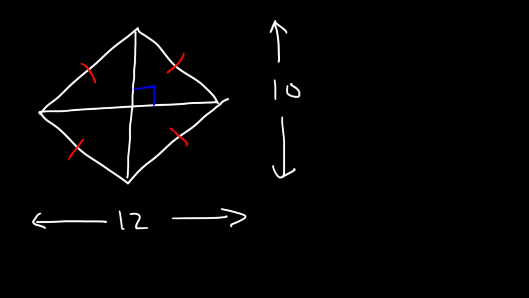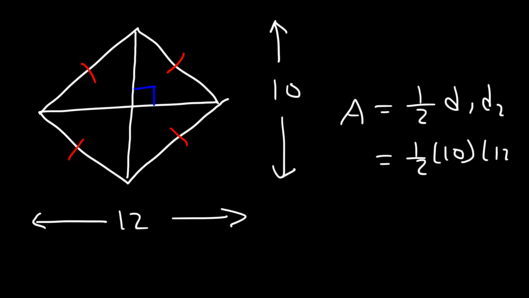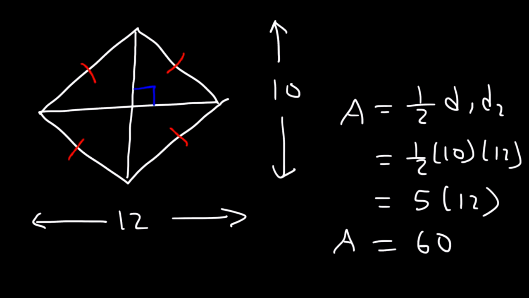So those are some things to keep in mind. The area of a rhombus is 1/2 d1 times d2. So it's the product of the two diagonals times 1/2. So it's 1/2 times 10 times 12. Half of 10 is 5. 5 times 12 is 60. So that's the area of this particular rhombus.